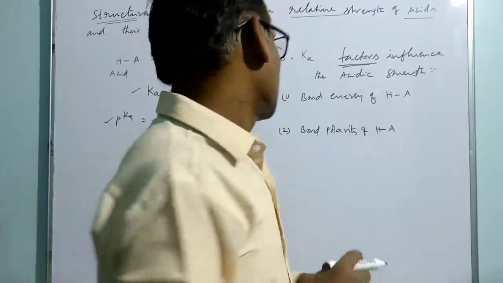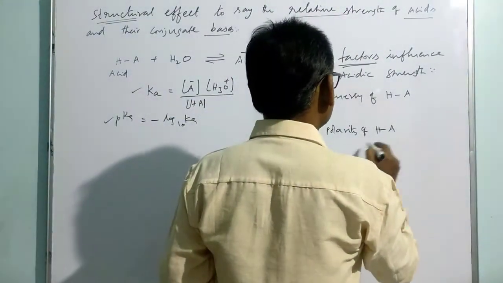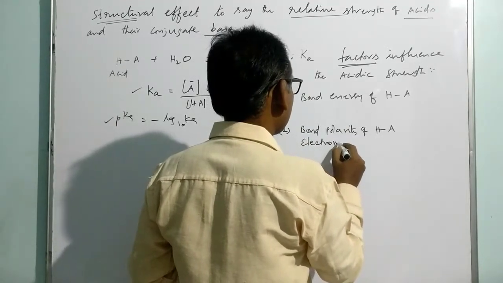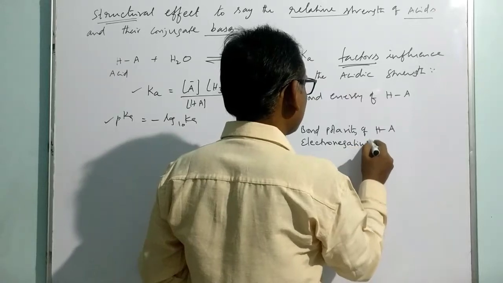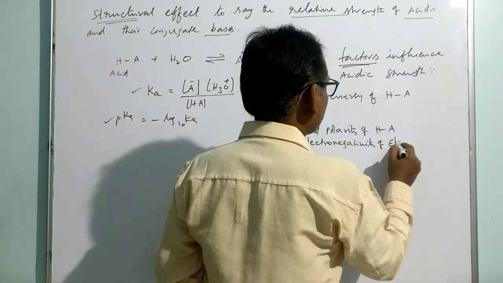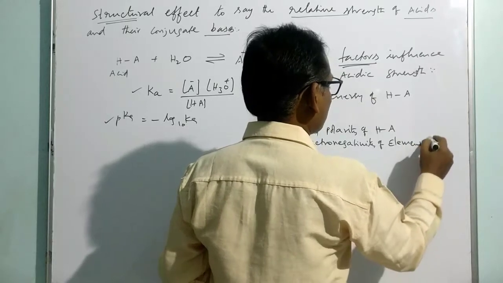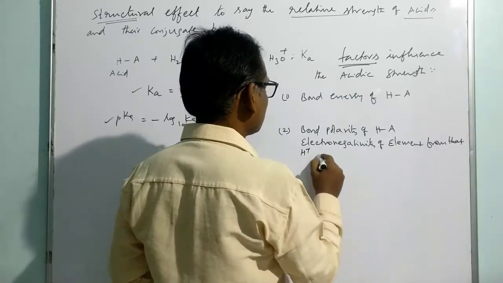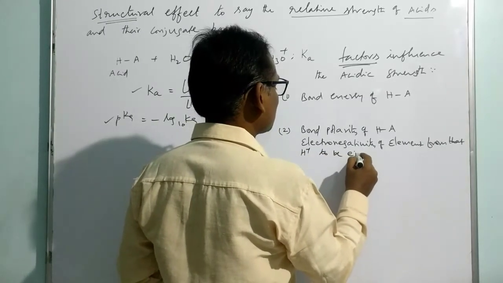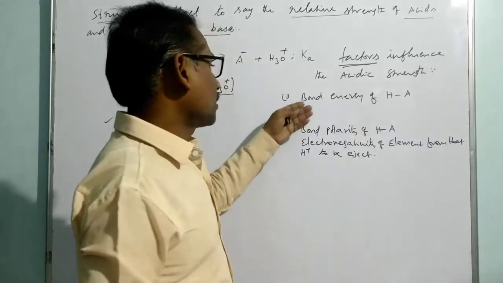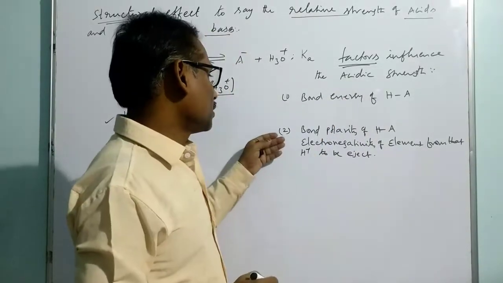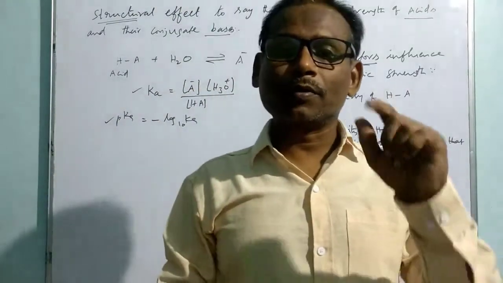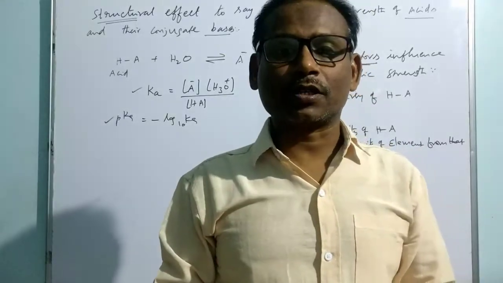So the bond polarity of HA is influenced by the electronegativity of the element from which the proton is to be ejected. So one of the factors is the bond energy of HA, another factor is the bond polarity of HA, which is influenced by the electronegativity of the element from which the proton is supposed to be ejected.